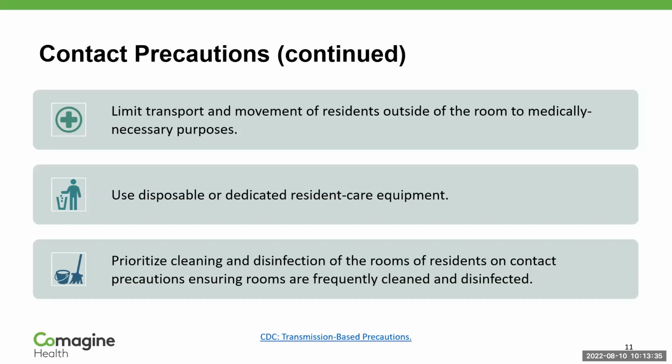And you want to focus frequently on cleaning the high touch surfaces and equipment that are immediately around the resident. We talked about that before as well. That's very important. If you touch it, clean it. Let's go to the next slide.